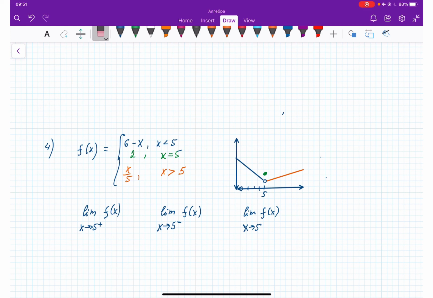So we have 5. Approaching from the positive side, it's 1, right? Approaching from the left side, it's still 1.